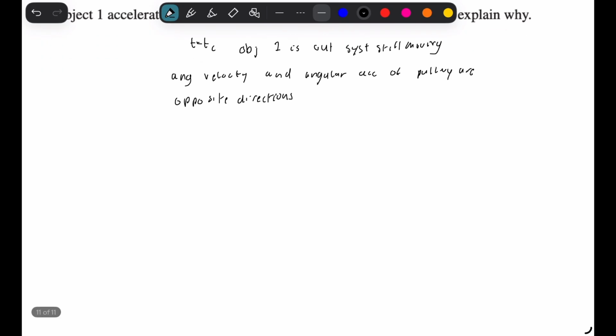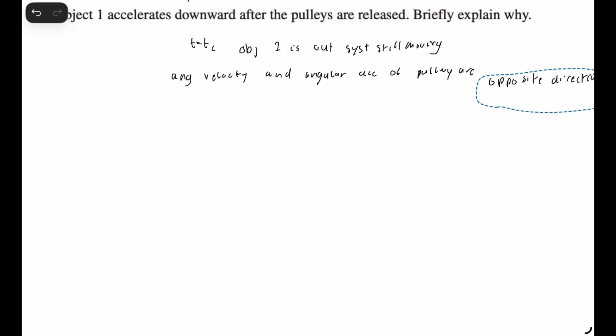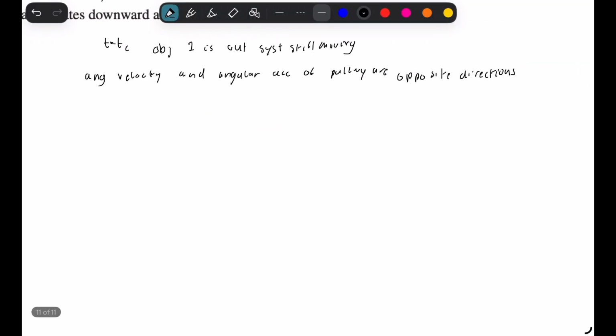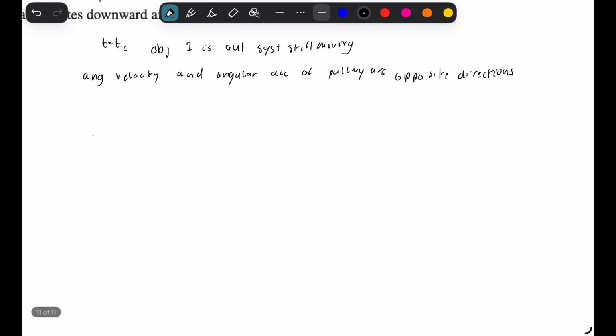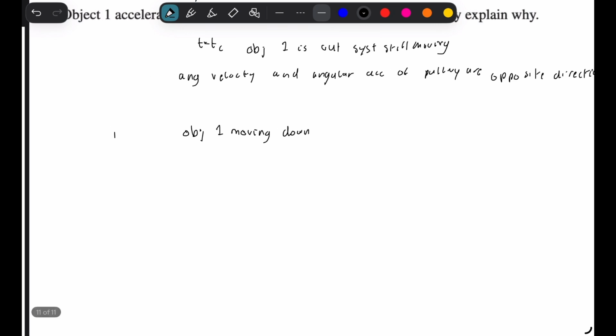Now, what is the direction of our angular velocity after we cut it? After you cut it, you have to remember that before the cut, object 1 is moving downward. Therefore, the pulleys are rotating in that same direction.